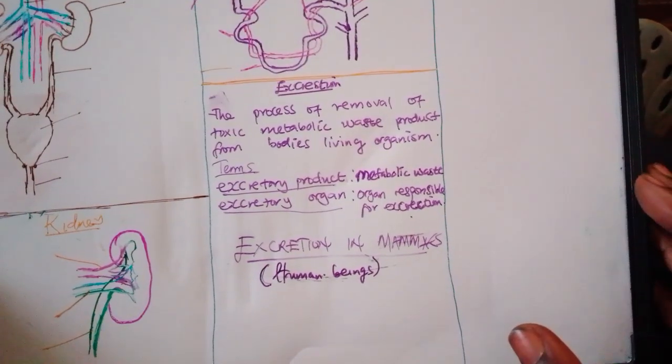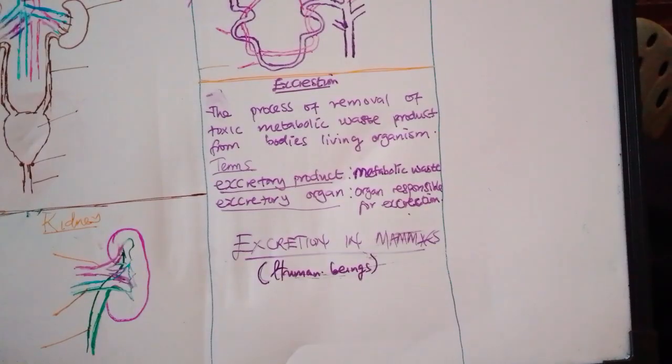Now excretion in mammals is done via 4 organs which are responsible for excreting waste. Each organ excretes a different type of waste. So what are the excretory organs?